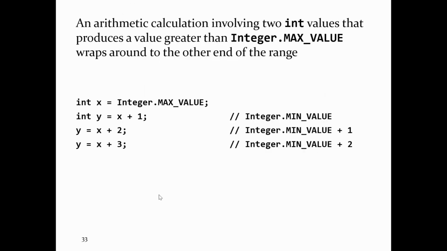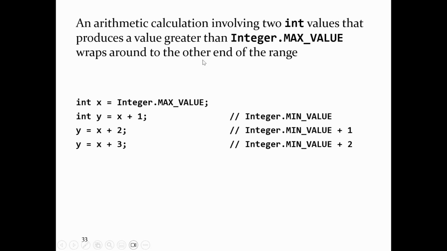Just very quickly, if the rule is I do some operation with 2 ints and I get an int, what happens when the result doesn't fit inside the range of int? You don't get an error, and this is a bit of a problem. Nobody tells you that there's a problem.